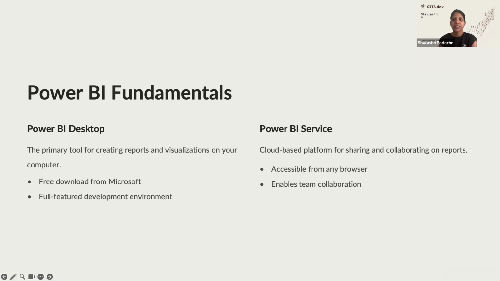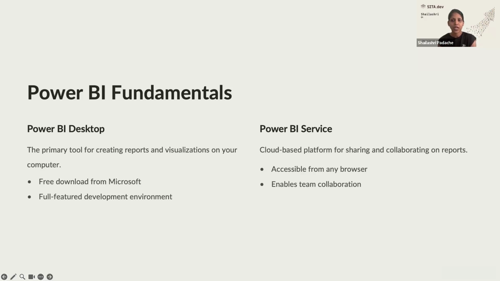Then we have Power BI Service. Power BI Service is nothing but a SaaS. It is online, and after you create your reports in Desktop, you can publish them to Power BI Service. This lets you share your reports with others, such as administrators or your companies, and view them from different types of devices and even work on them as a team.